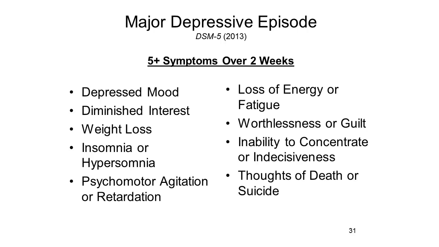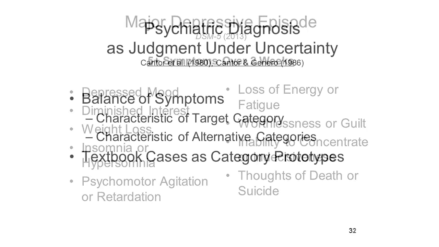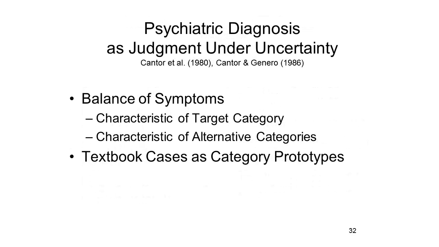Note that you don't even have to be depressed to get a diagnosis of major depressive disorder. Diminished interest in things, coupled with weight loss, insomnia, loss of energy, and inability to concentrate, that will do the trick too. So, regardless of diagnostic category, there's no longer any expectation that all of the symptoms listed as characteristic of a syndrome will be present in any particular case.